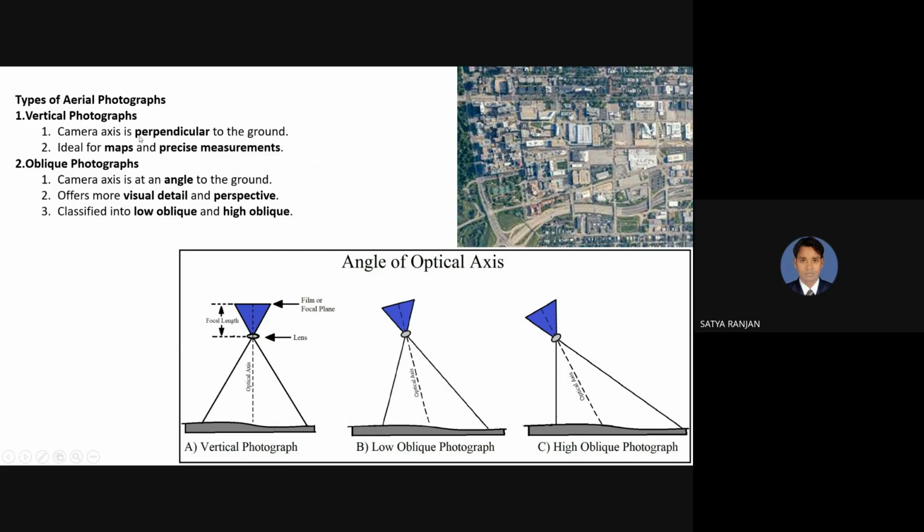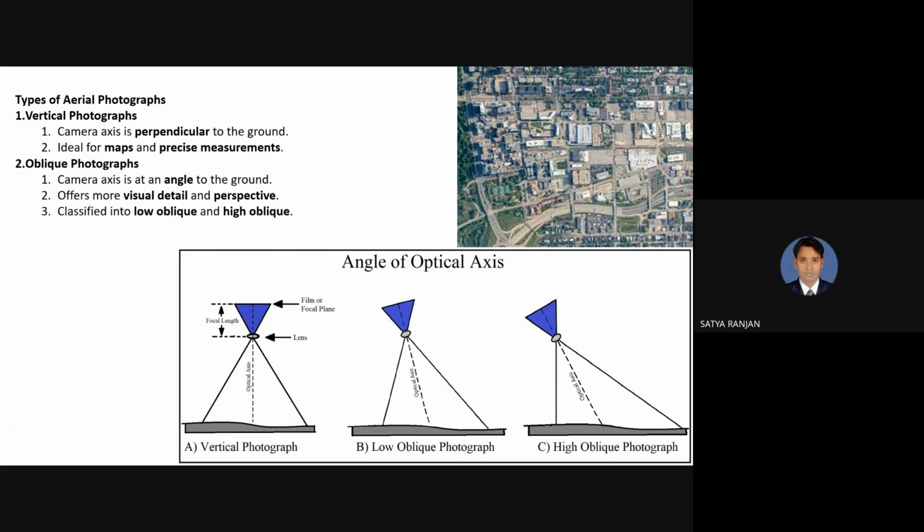So camera axis is perpendicular to the ground, so directly perpendicular to the ground, and ideal for maps and precise measurement. So in the vertical photograph, the measurement is very accurate. So it is also called as the ortho photographs, and oblique photograph is also there in the aerial photograph. Like camera axis is at an angle to the ground, and different angles are there.